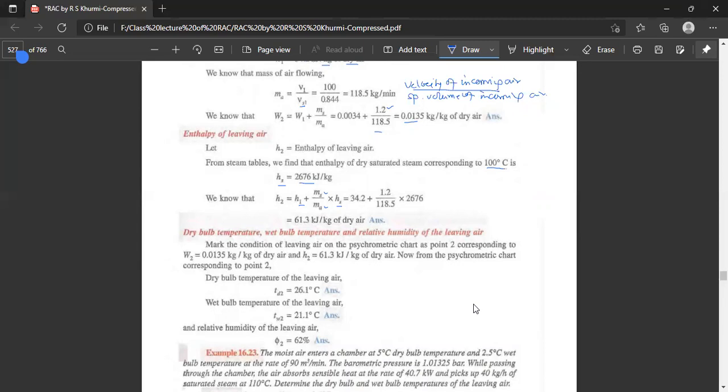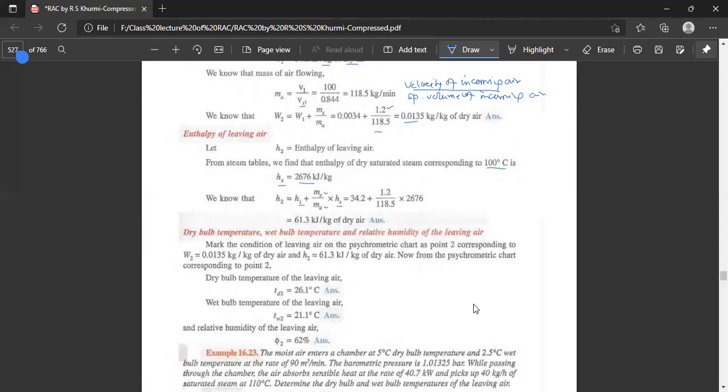Both will intersect at a point, which gives us point 2. The dry bulb temperature from this point, if we drop a vertical to the dry bulb scale, we get 26.1 degrees centigrade. And on the wet bulb temperature, we find the nearest wet bulb temperature line, which will be equal to 21.1 degrees centigrade.